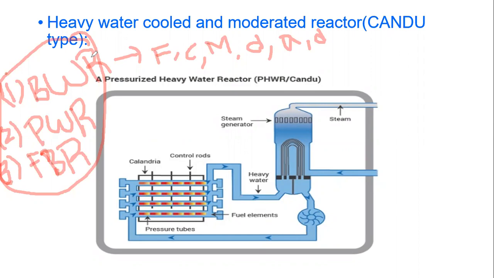That will be discussed in the next class, along with the radiation hazards: what radiations are released from nuclear power plants when the nuclear fission process is done in the reactors.